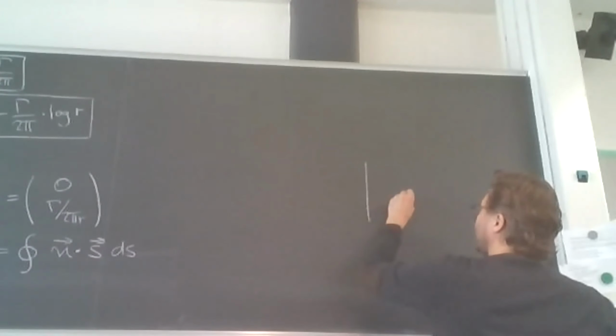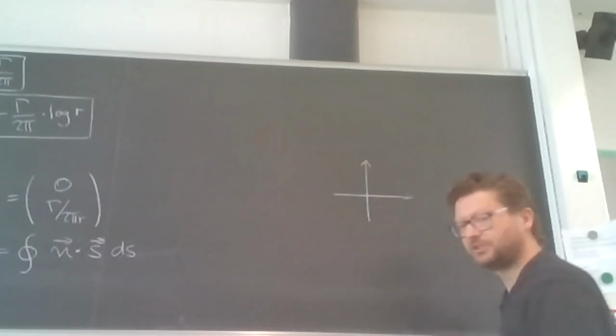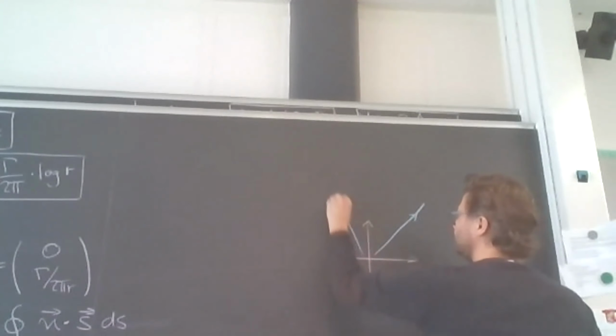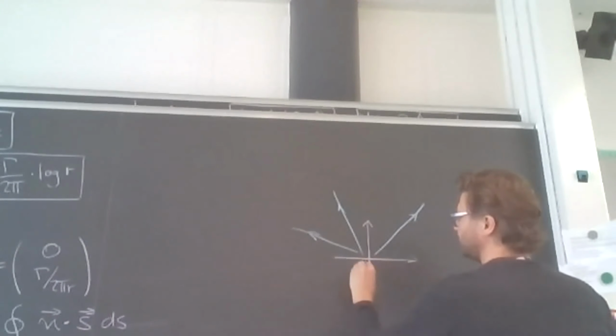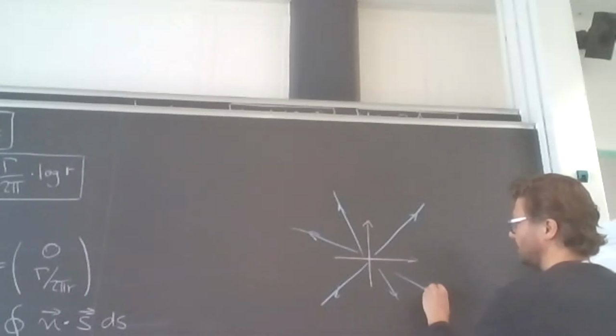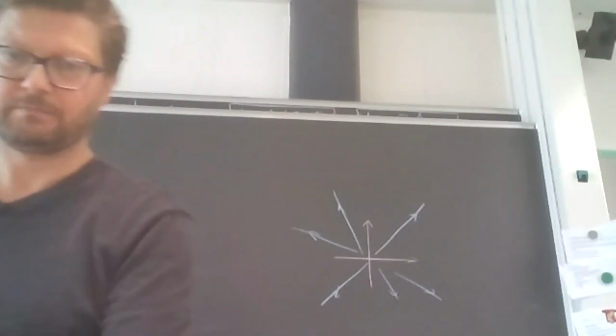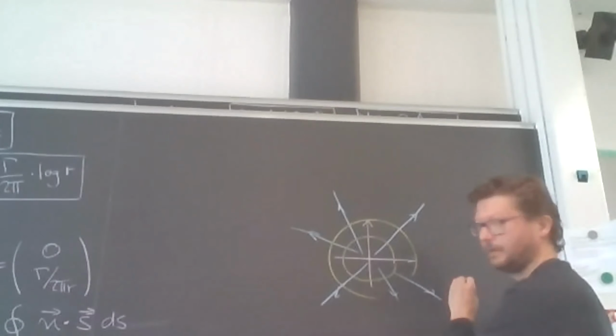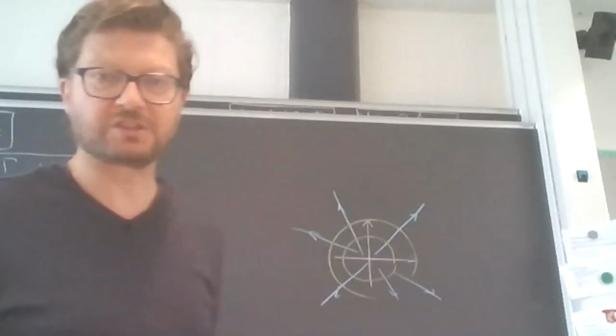What do we obtain? If we flip the two, we obtain streamlines that go out like rays, and we do have corresponding equipotential lines, which are just circles.